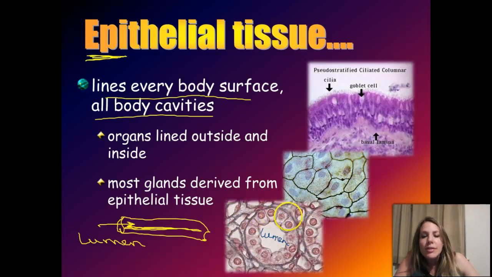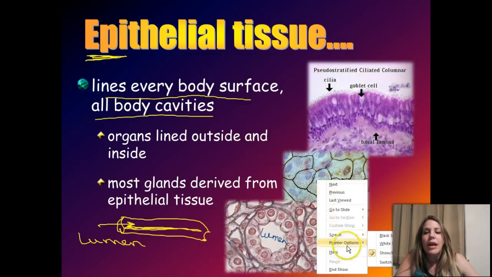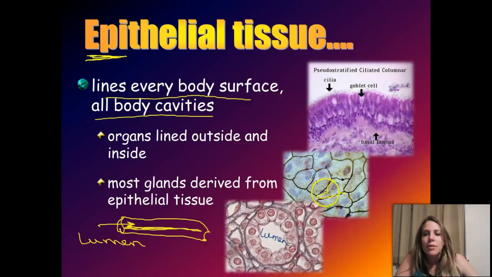And so all these cells packed in here are epithelial cells, and together they form epithelial tissue. And over here, these are epithelial cells. Let's change colors again. So here's one epithelial cell. Here's another epithelial cell, and notice that each one has a nucleus.